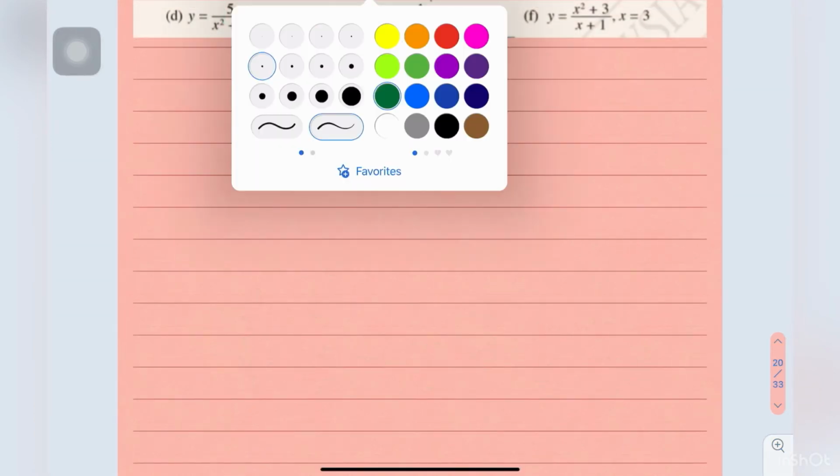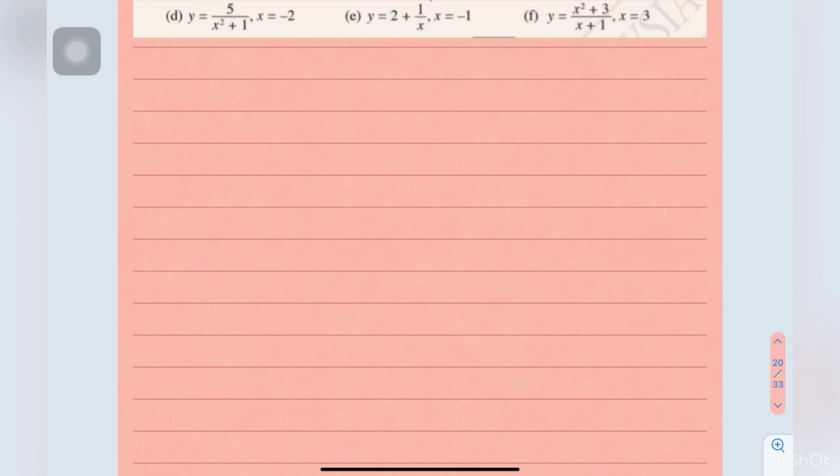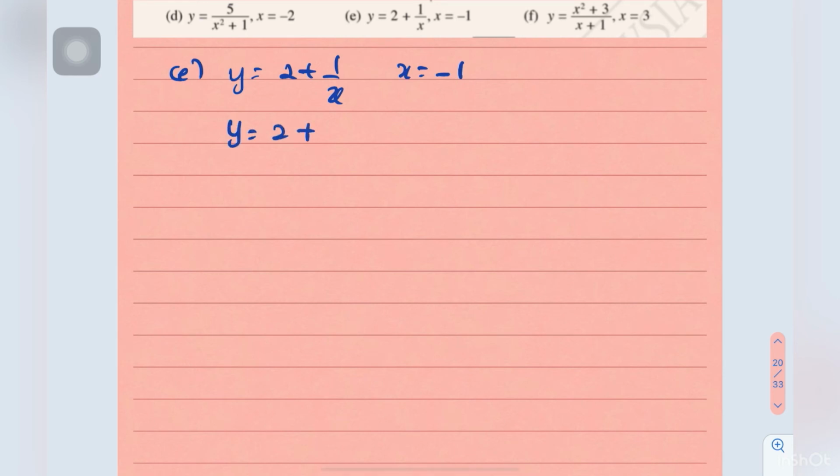Okay, question E. Okay, y equals 2 plus 1 over x. x is negative 1. y is 2 plus 1 over negative 1. y is 1. So the coordinate is (-1, 1).